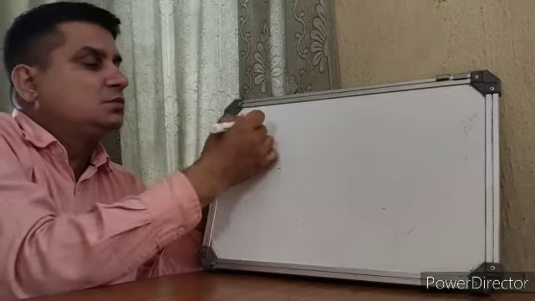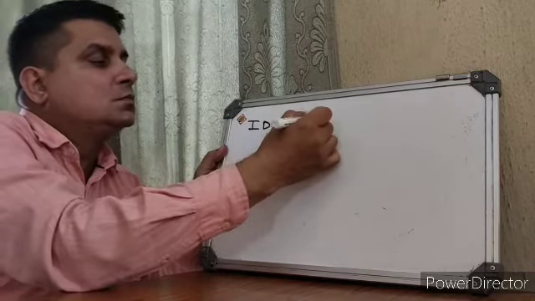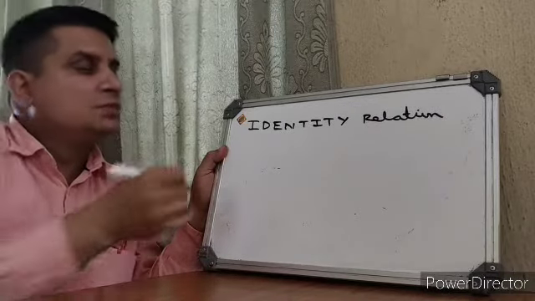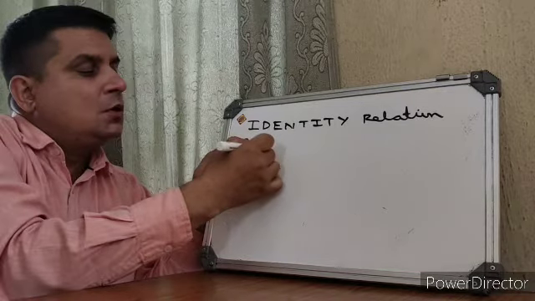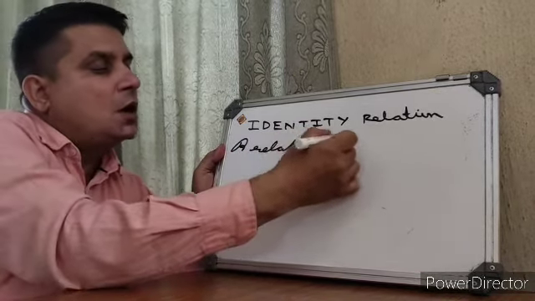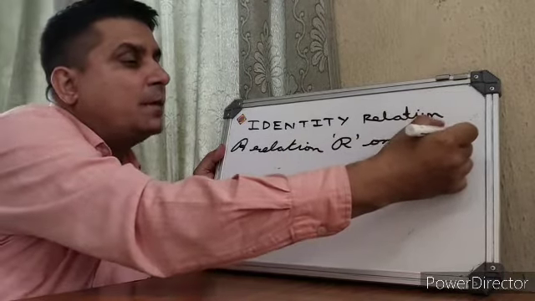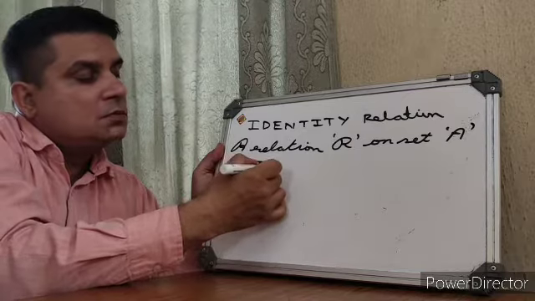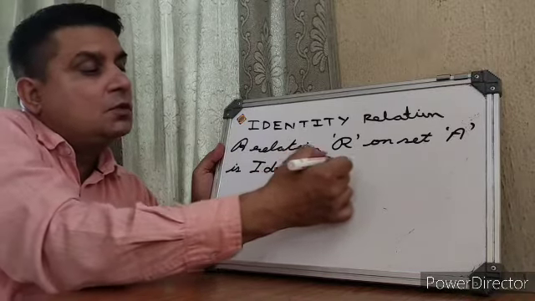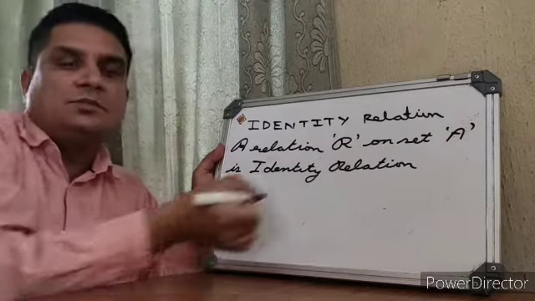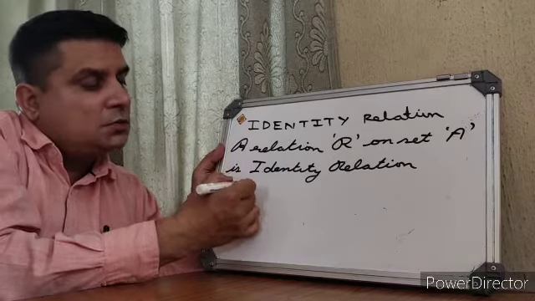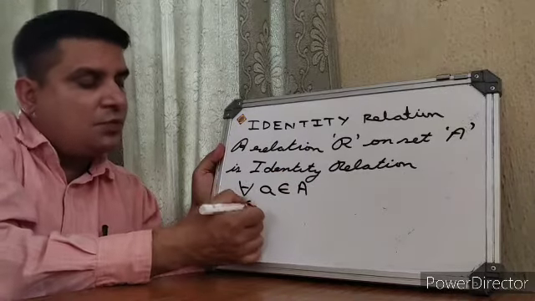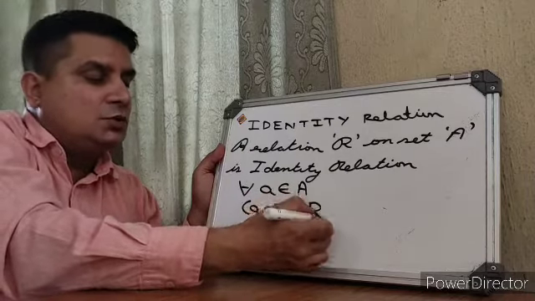Then identity relation. A relation R on set A is an identity relation if for each and every a belonging to set A, (a, a) belongs to relation.